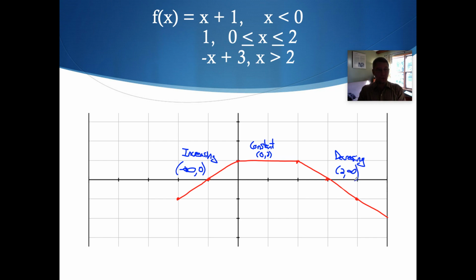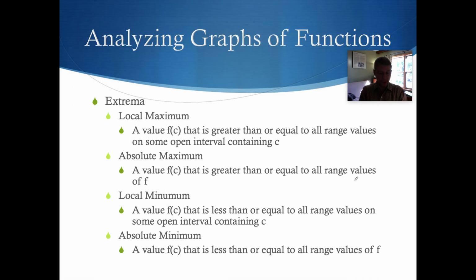Okay, and so those are our descriptions of whether this thing is increasing, decreasing, or constant. That then leads us to the idea of extrema.